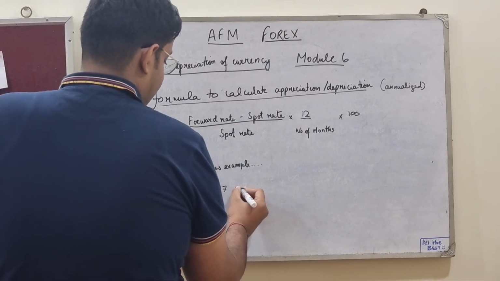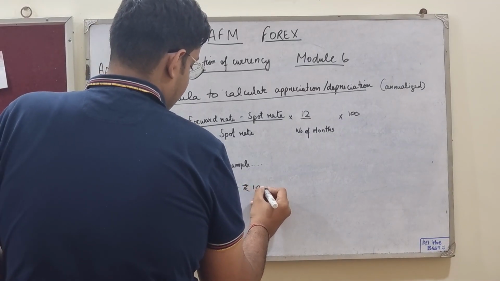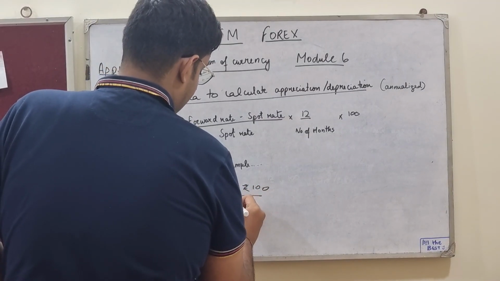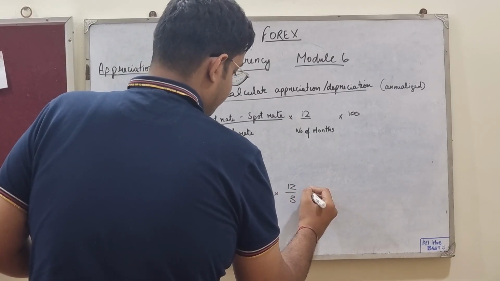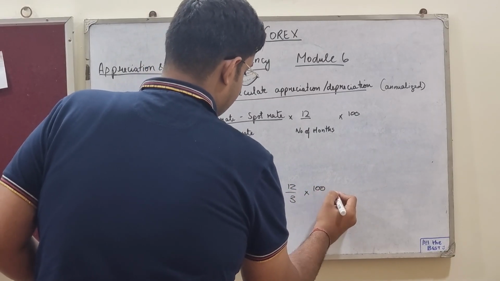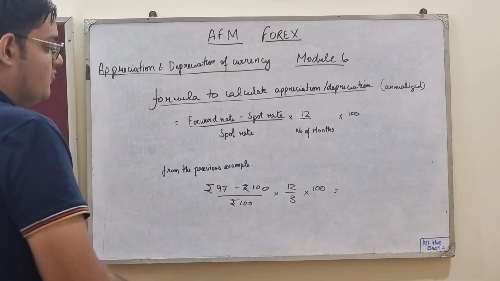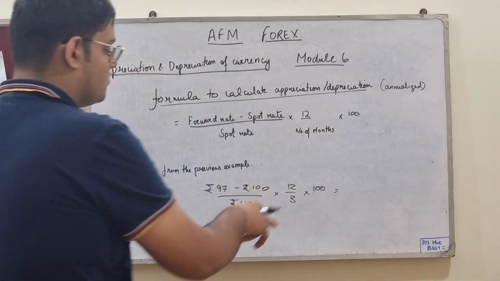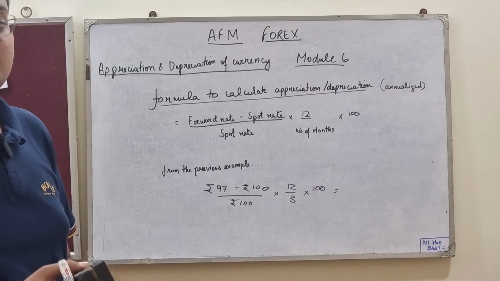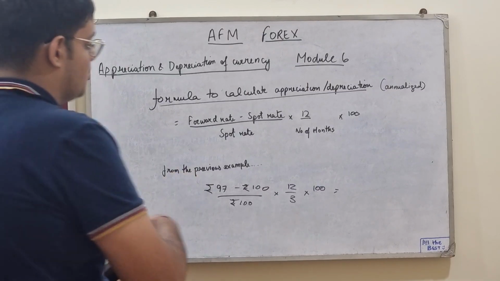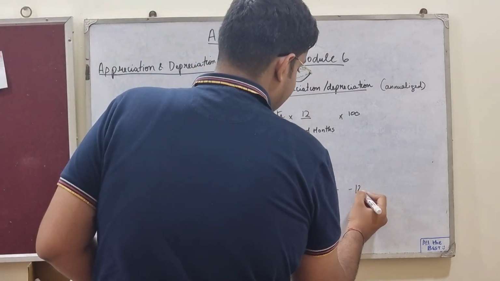And then we take the same formula: forward rate minus spot rate divided by spot rate into 12 by 3, where 3 is the period of holding here, into 100. That would give us negative 3 into 12 by 3, that's negative 12, 0.12 into 100, that's 12% per annum, but that's negative.